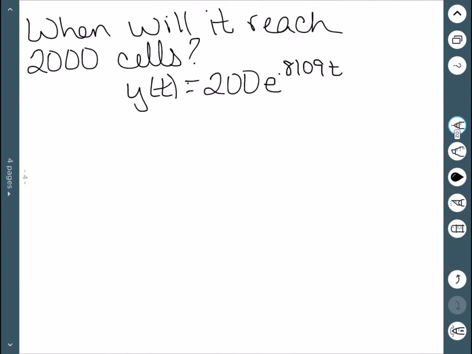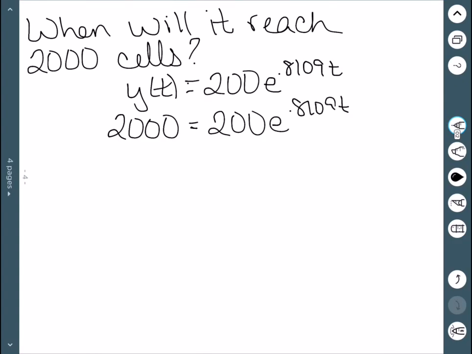The next question we ask is when will it reach 2,000 cells? Now we want y of t to be equal to 2,000. We start by dividing both sides by 200 to get 10 equal to e to the 0.8109 t. We can then take the natural log of both sides.